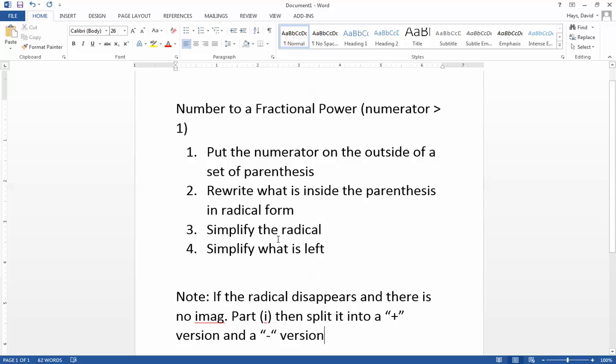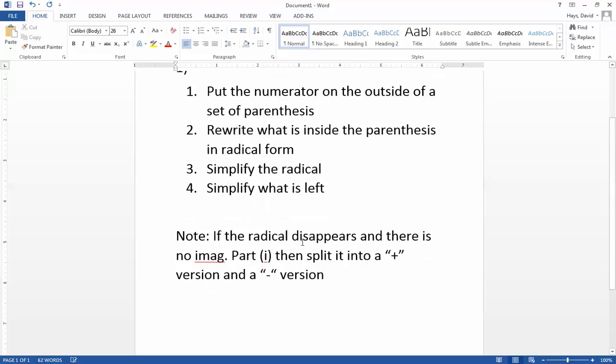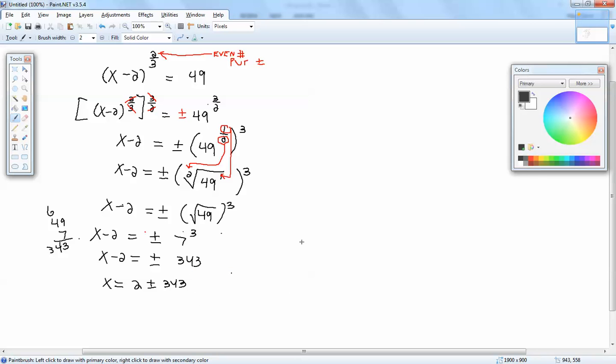Now this specifically applies when you've got a plus or minus symbol in your problem. Okay, our radical disappeared. We don't have an i, so we want to split this into a plus version and a minus version.